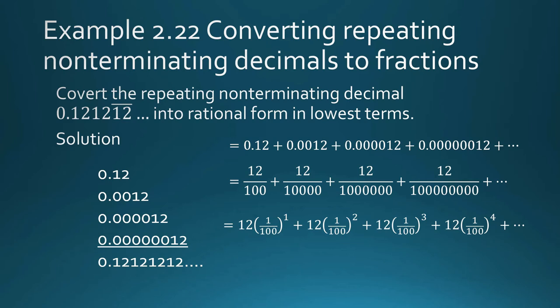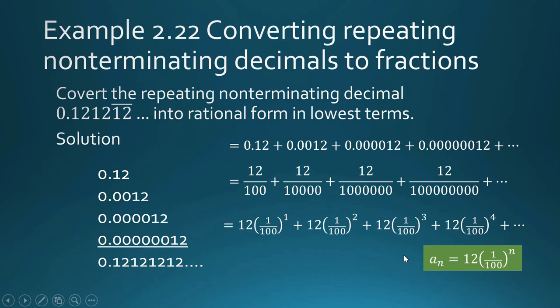And we can factor out 1 over 100 here, and this is what we came up with: 12 times 1 over 100 raised to 1 plus 12 times 1 over 100 raised to 2, so on and so forth. So the form of a geometric sequence that we are familiar with is revealing itself now. The general term is given by a sub n equals 12 times 1 over 100 raised to n.